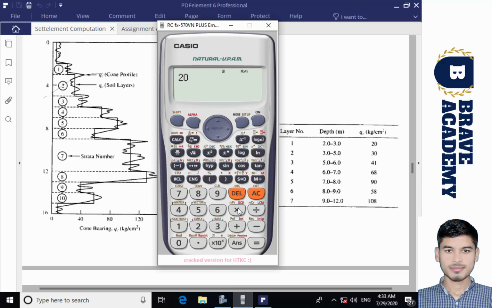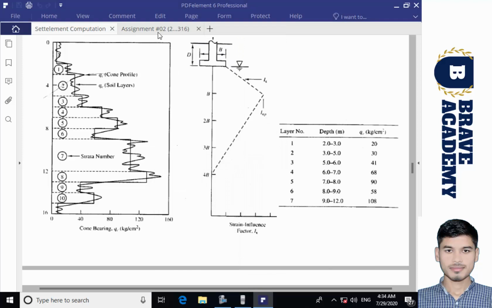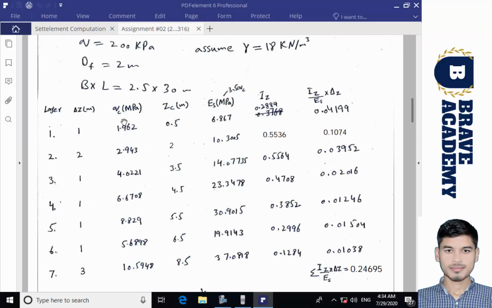First convert the kg into Newton, multiply by 9.81, this will become Newton, divided by centimeter square. In 1 centimeter there are 10 millimeter, so I will divide by 10 square, and that will give you 1.962 megapascal. As you know that Newton per millimeter square is equal to megapascal, so you can convert all these values into megapascal.